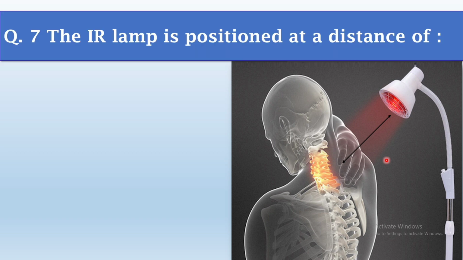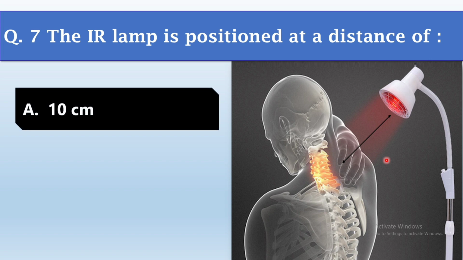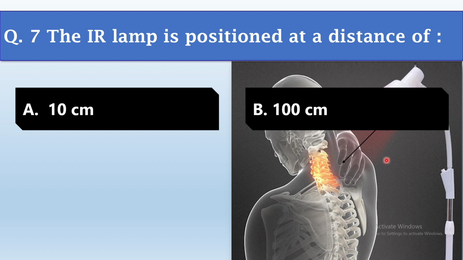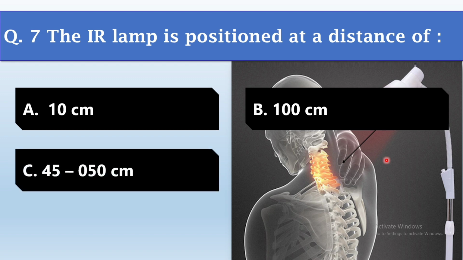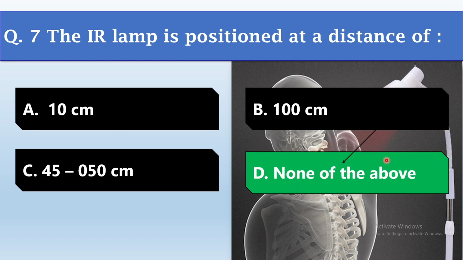Question number 7. The IR lamp is positioned at a distance of option A 10 cm, option B 100 cm, option C 45 to 50 cm, and option D none of the above. The answer is none of the above.